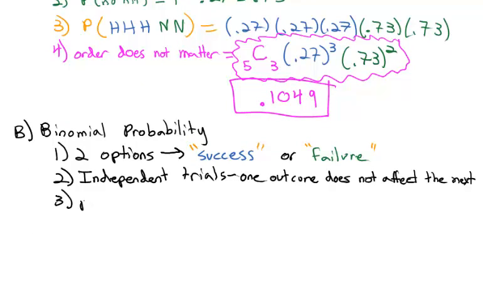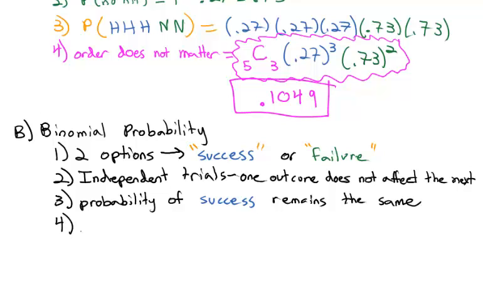Related to that independence is that the probability of that success is not going to change. We'll say it remains the same. If all of that is true, we only have 2 options, success or failure, they're independent and the probability of success remains the same, we can use this formula for our probabilities.